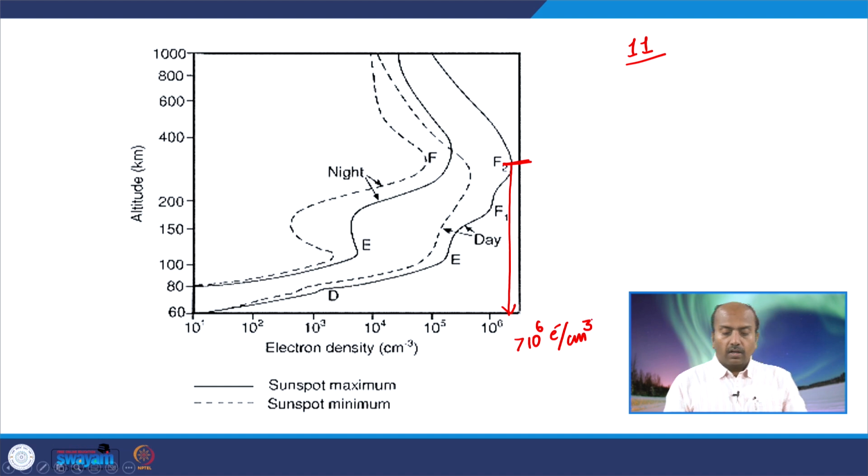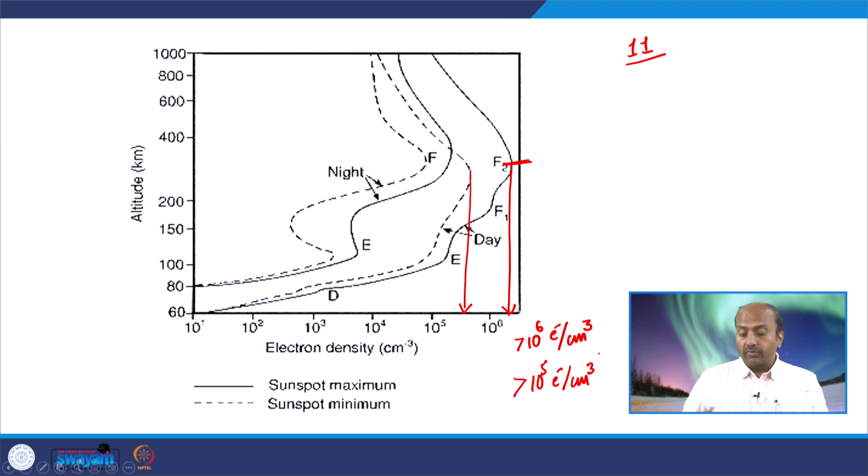And if you take the same during the sunspot minimum during the daytime, the approximate value is slightly greater than 10 to the power of 5 electrons per centimeter cube, which means there is an order of magnitude difference in the number of electrons.